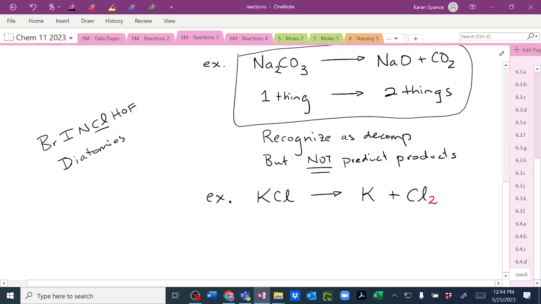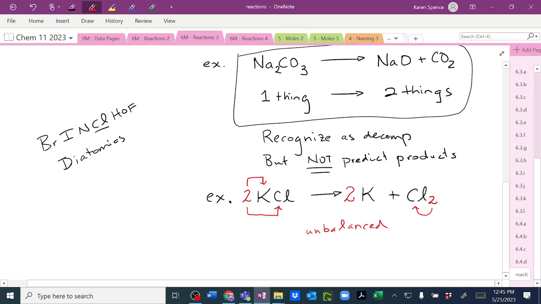Okay, and that reaction as it is, is that a balanced reaction the way it is, or is it unbalanced? That's unbalanced. How could we fix it? This one's pretty straightforward. If you have 2 chlorines, you could put a 2 here, and that would give you 2 chlorines, but we've now changed the potassium to 2, and so there's going to be a 2 here.